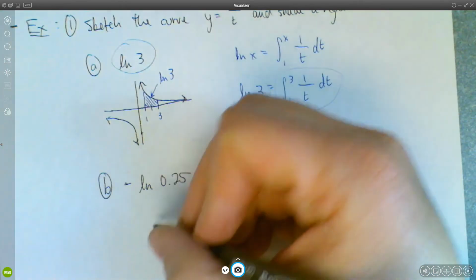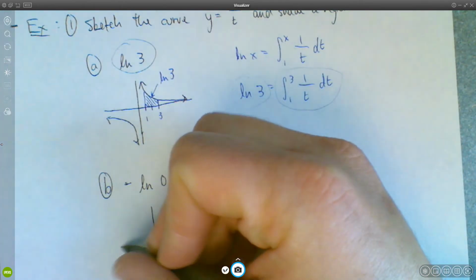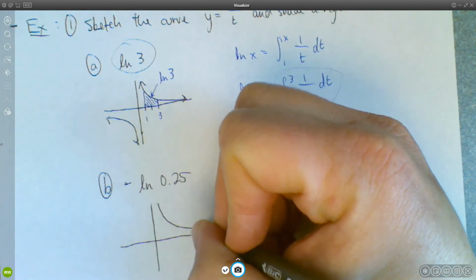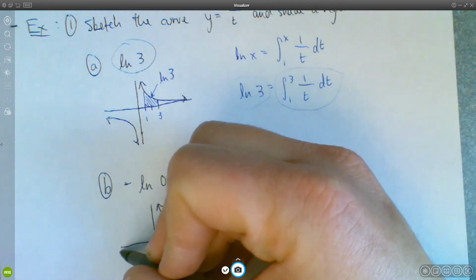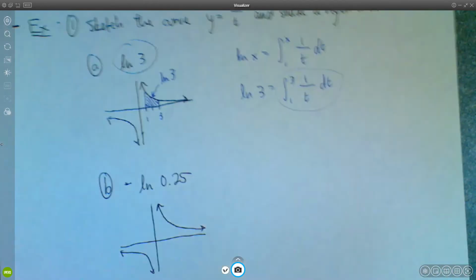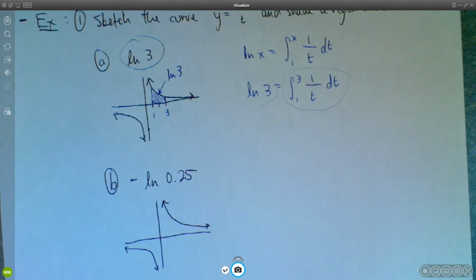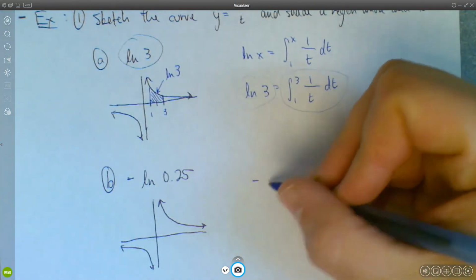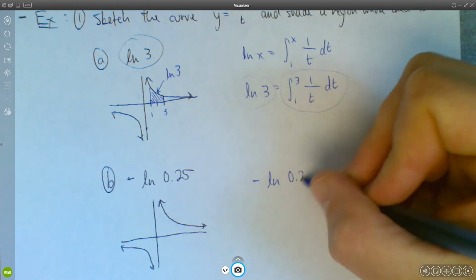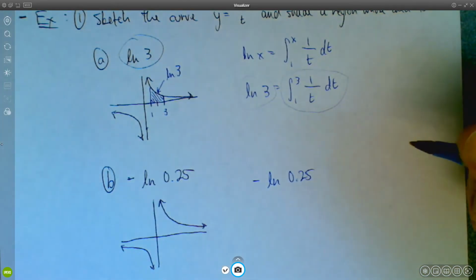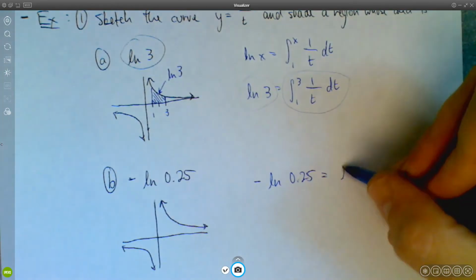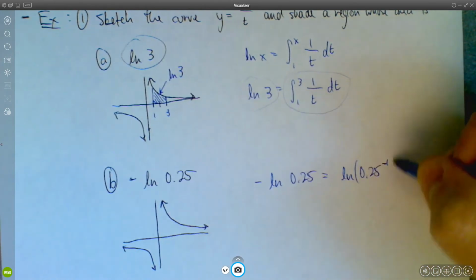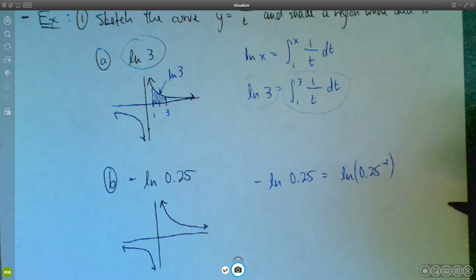Okay, so here's my solution. So there's 1 over t. I'm interested in an area of negative natural log of 0.25. Well, that's the same thing as ln of 0.25 to the negative 1 power, just by properties of logarithms.